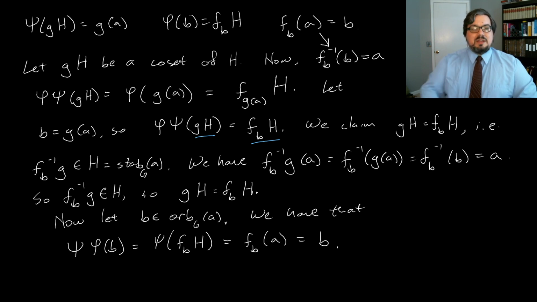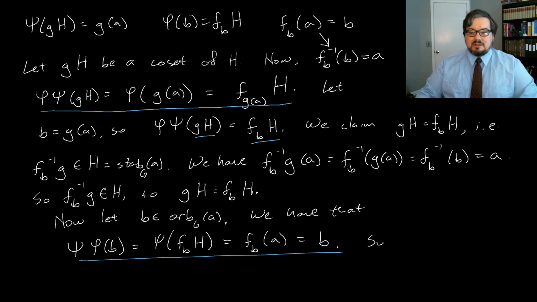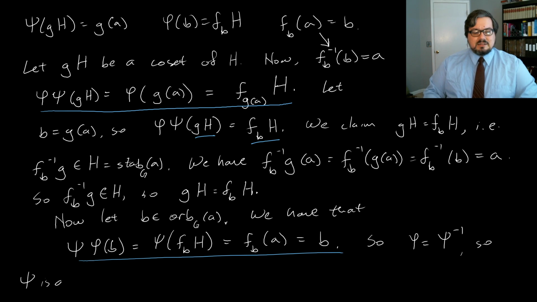So what we have then is that when we compose one way, we get the identity back, and when we compose the other way, we get the identity back, which means that phi is the inverse of psi, so psi is a bijection.